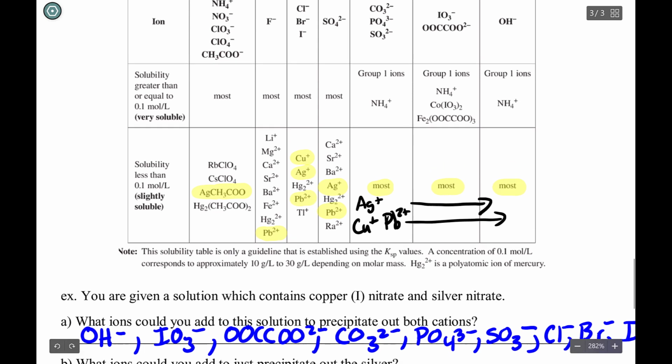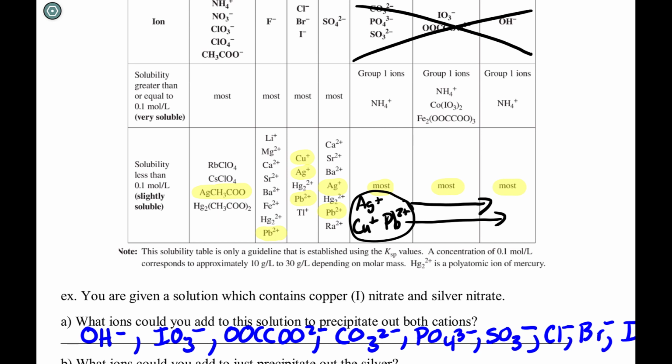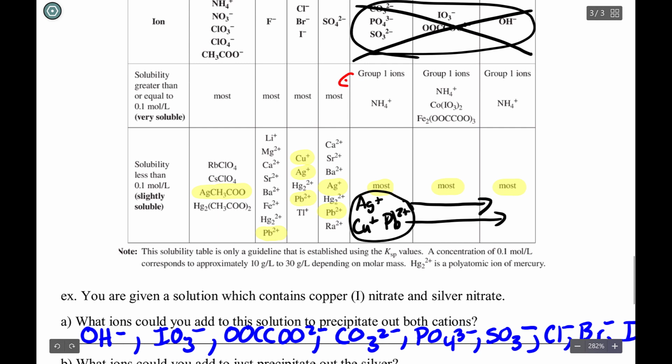What that tells me is I can't use any of these ions to selectively precipitate out these ions 1 at a time, because if I added any of these ions up here, they would precipitate all 3 out at the exact same time, and that's not what I want to do.